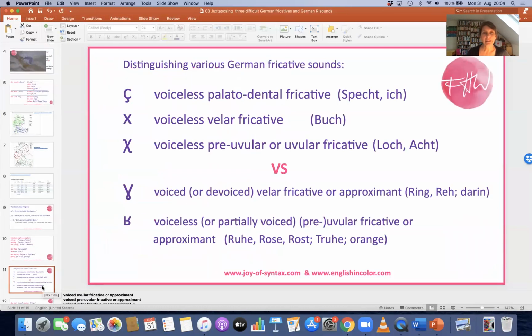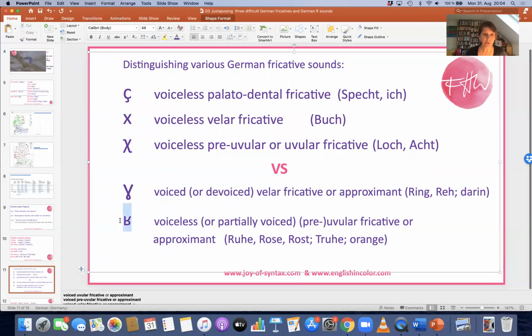Okay, now let's juxtapose the three fricatives that are always voiceless with the German R sound. In my pronunciation book and on the other YouTube videos, I usually use this symbol to represent all R sounds.